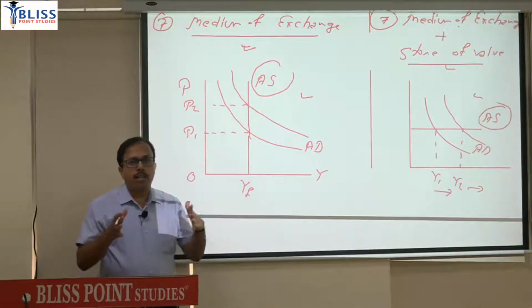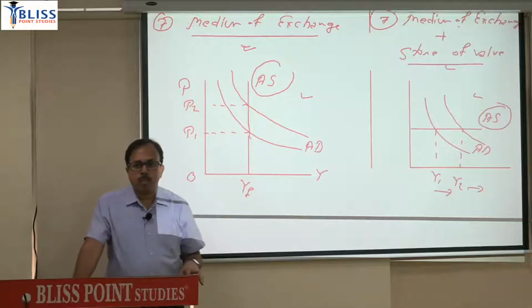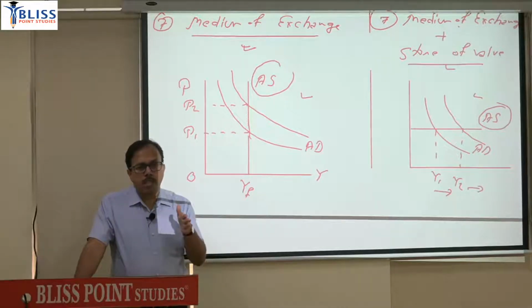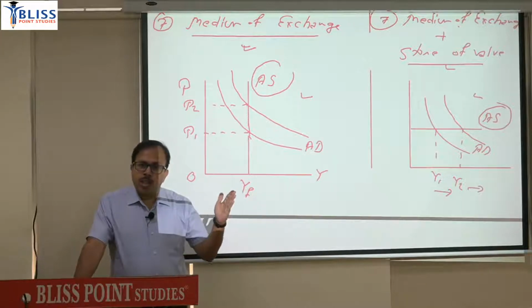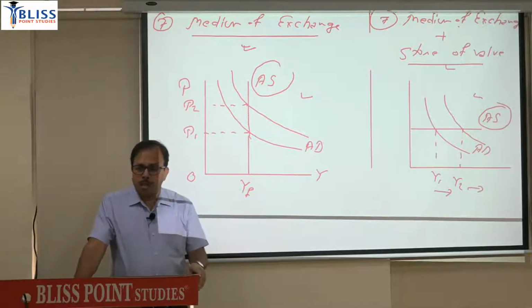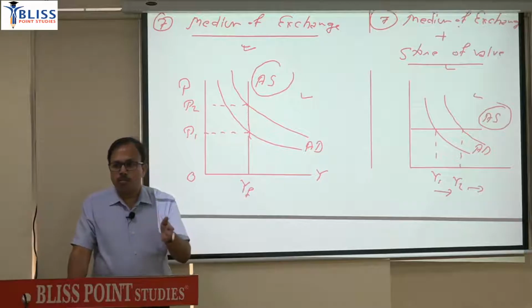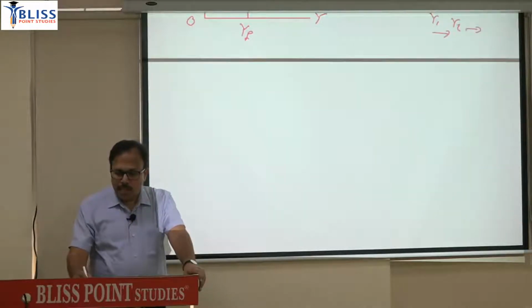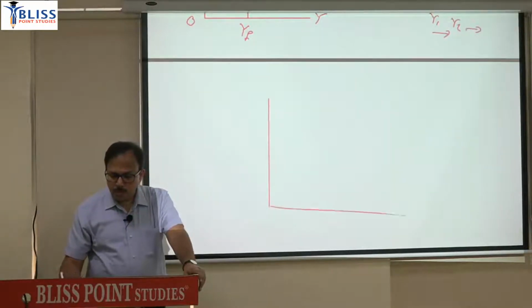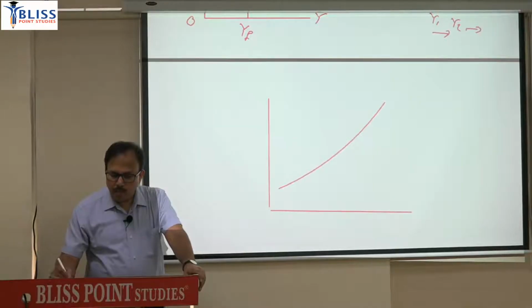But these are two polar extremes, remember. We are basically discussing these polar extremes. One says it is vertical, the other says it is horizontal, but in reality it is neither vertical nor horizontal. In reality, the aggregate supply curve will be positively sloped.